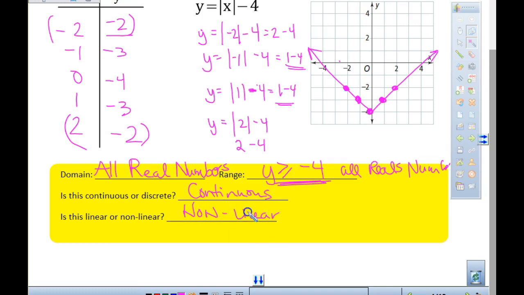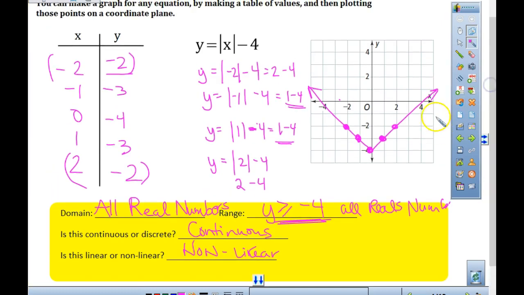Jack, how do we know it's continuous? If we can have a fraction or a decimal. So if I could put in 0.5 on my graph here, I would have had negative 3.5.